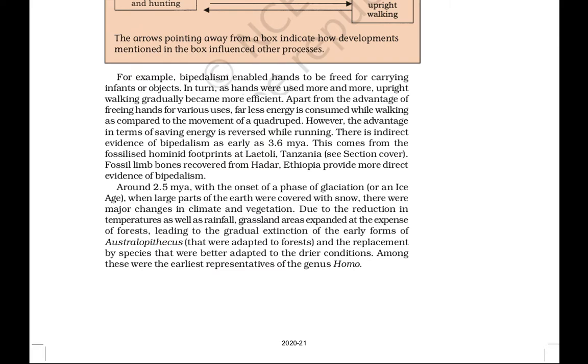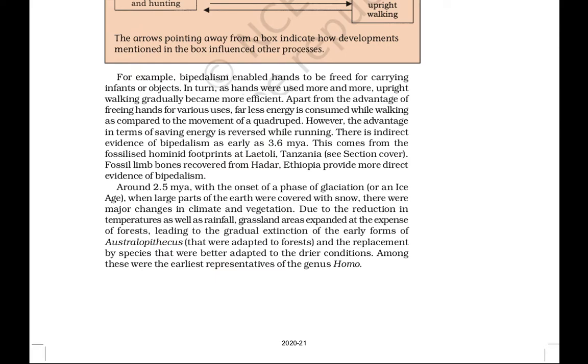Around 2.5 million years ago, with the onset of a phase of glaciation or an ice age, when large parts of the earth were covered with snow, there were major changes in climate and vegetation.